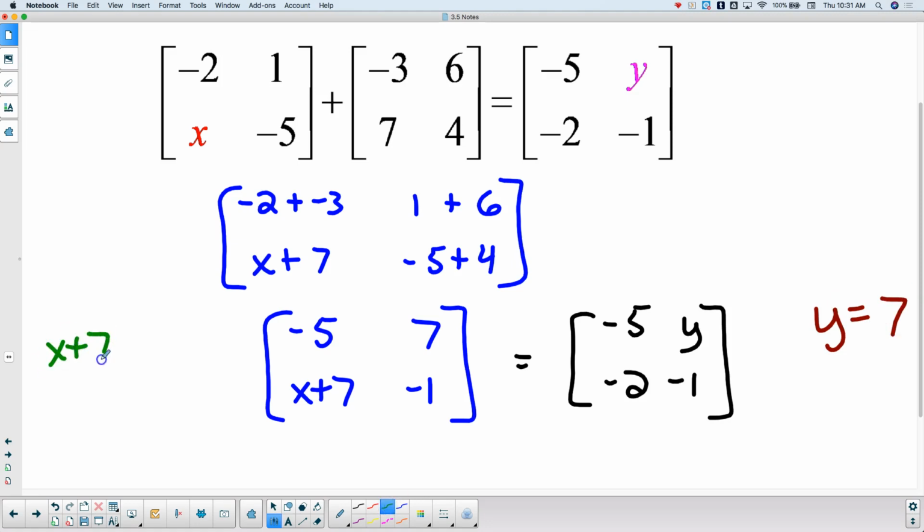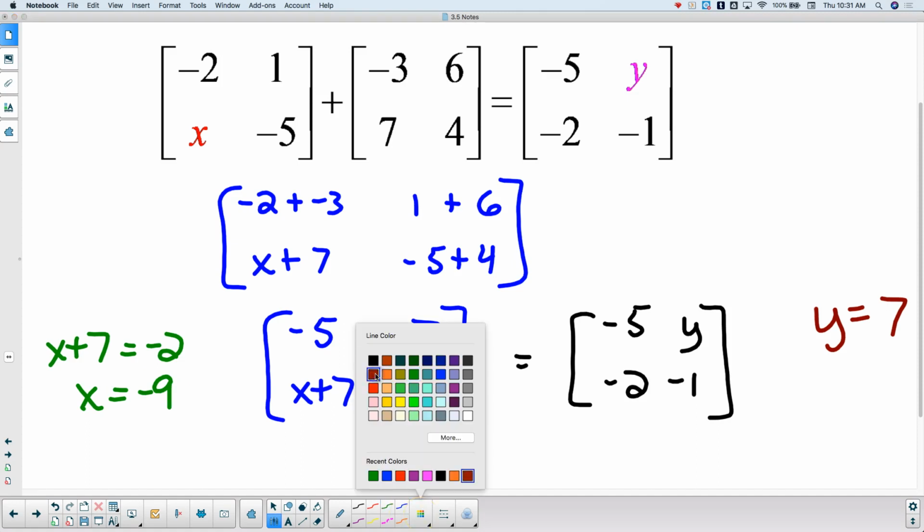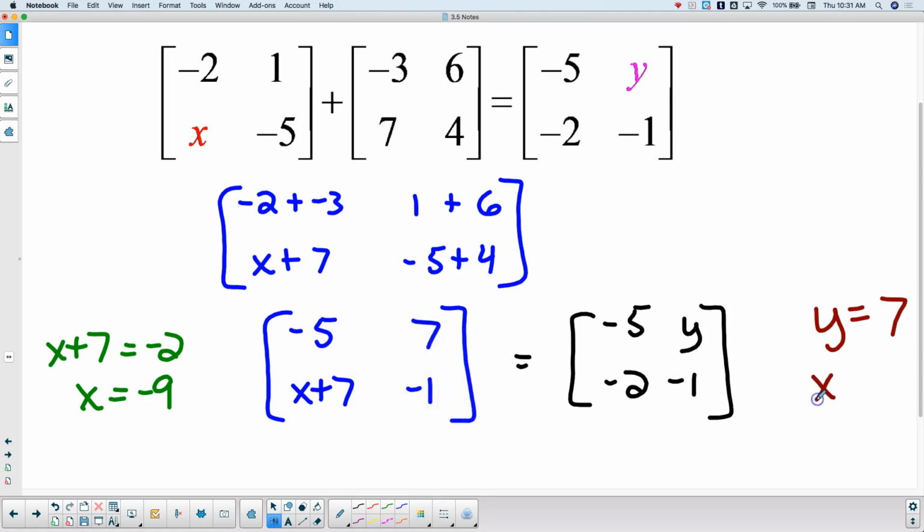X plus 7 has to equal negative 2, so x has to be negative 9. Negative 1 has to be negative 1. So the two answers that you're looking for are x equals negative 9 and y equals 7.